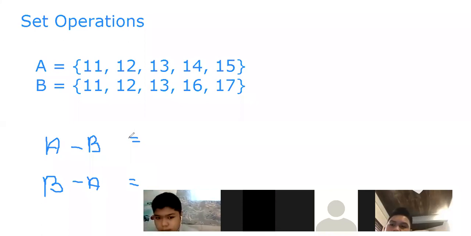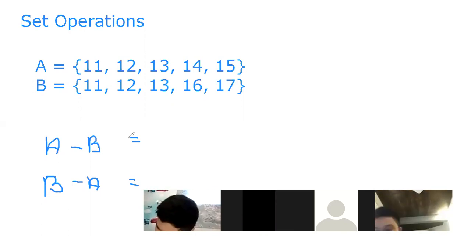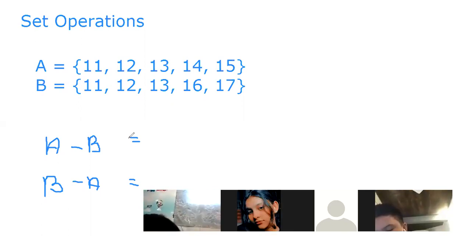For example, we have set A minus B. Yung meron tayo kay set A but which do not belong to set B. Na hindi naman belong kay set B. Okay?